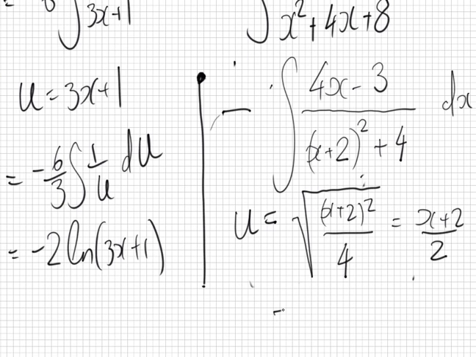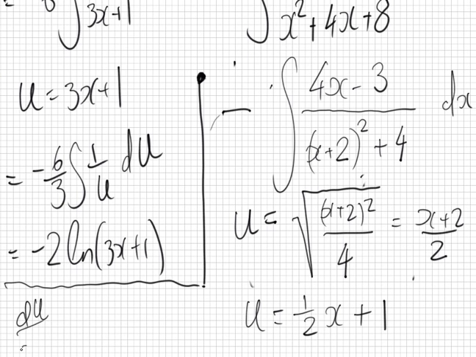Or if you prefer, you're letting u equal a half x plus 1 when you divide it. So what does du dx equal? Well, du dx equals a half. So I get then dx equals 2 du.